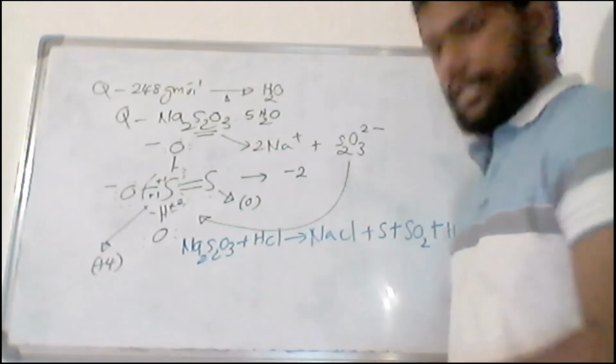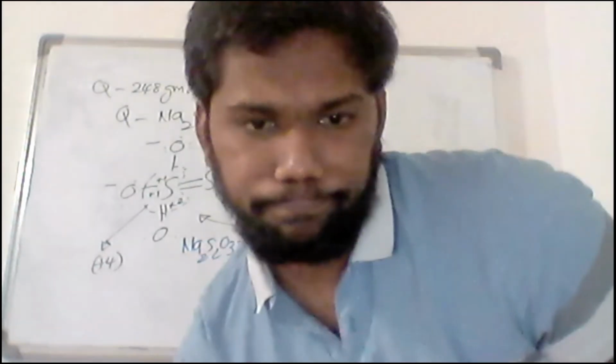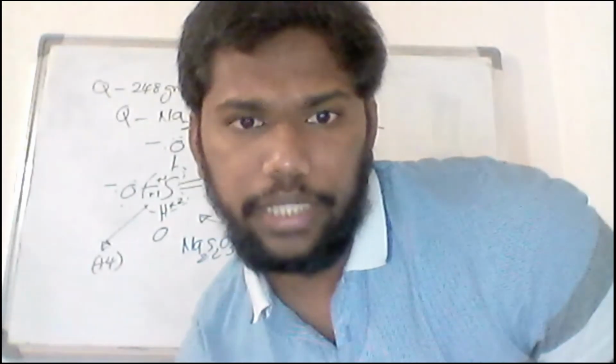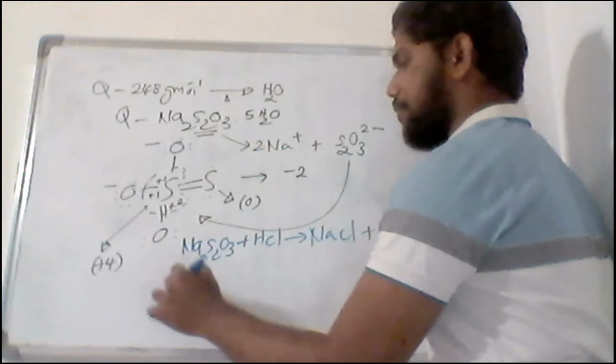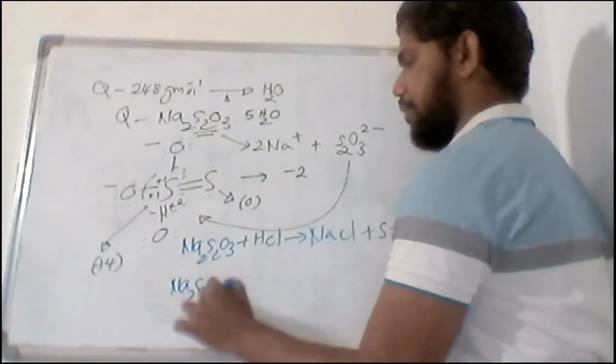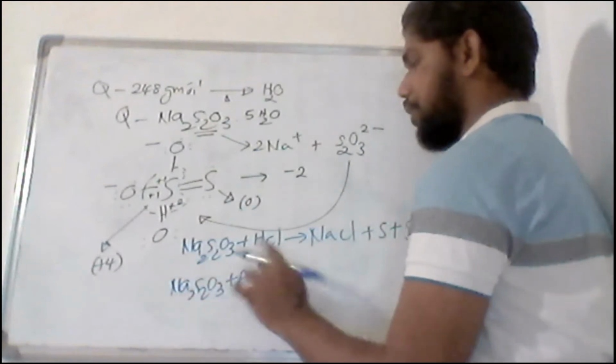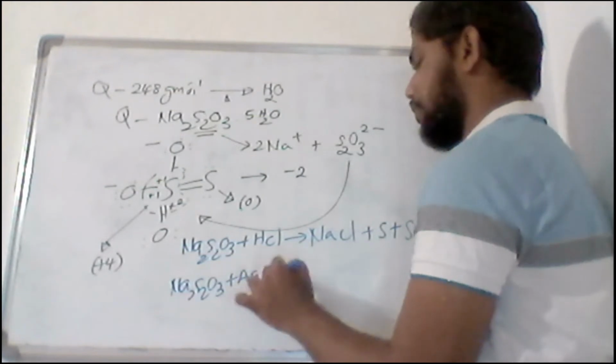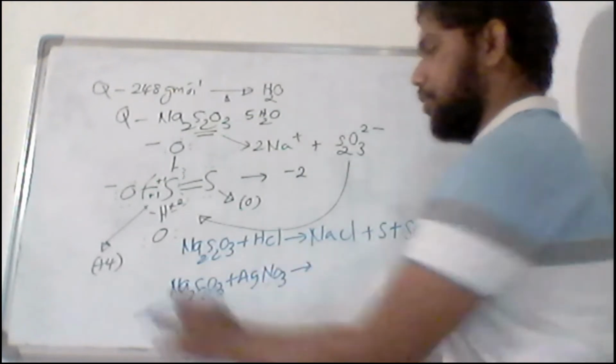So the next reaction is with AgNO3 and then Pb(NO3)2. It's straightforward again. So when you have Na2S2O3 with AgNO3, make sure you balance these two. First thing, sodium nitrate.